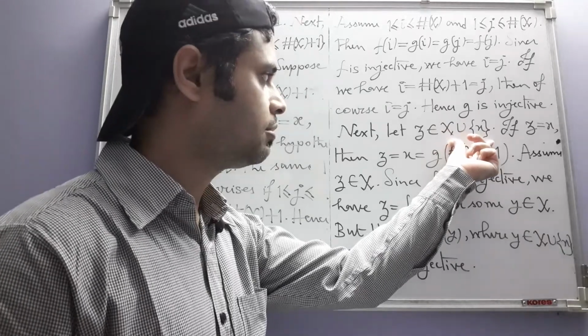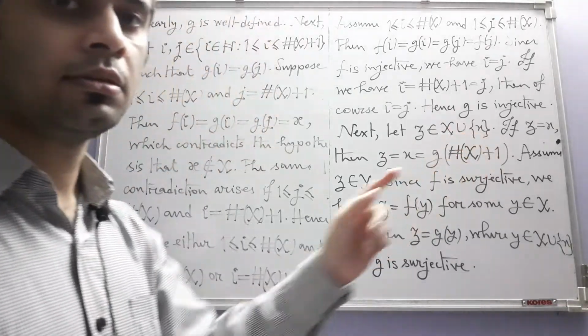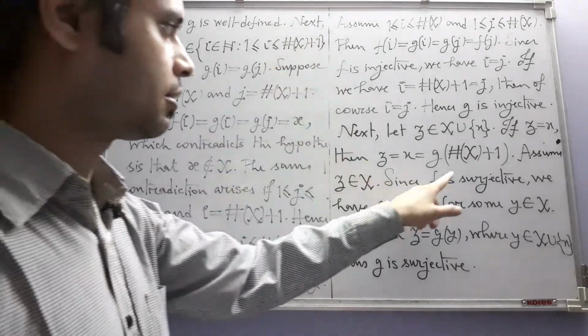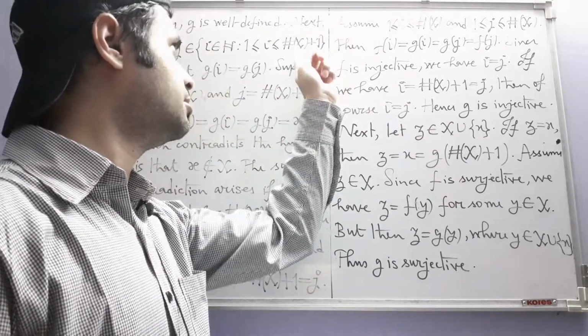So by definition, this union is finite because this is a natural number, and the cardinality of this union is this natural number.